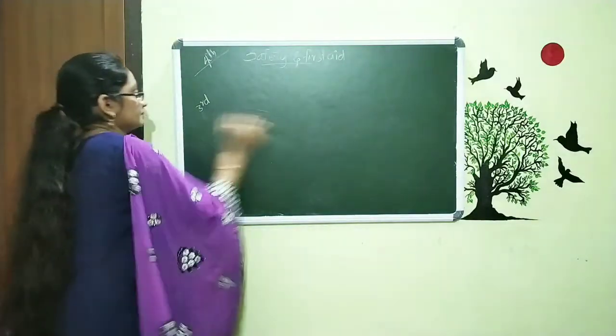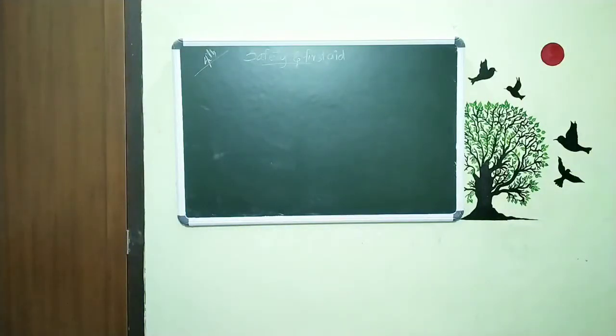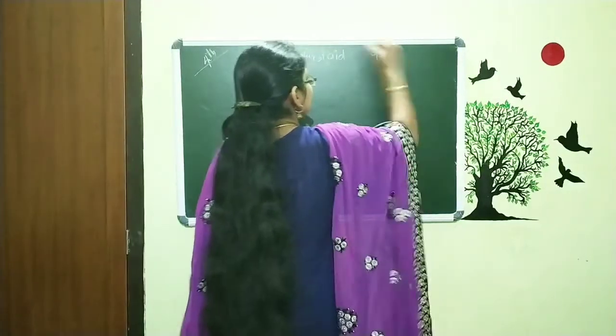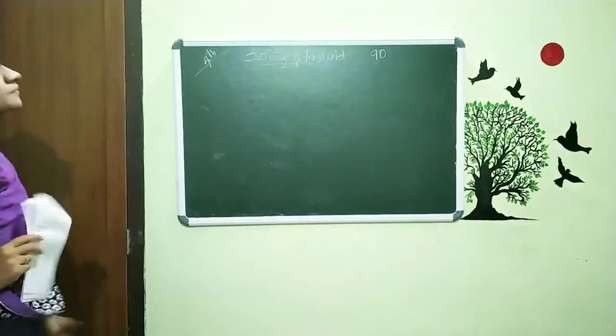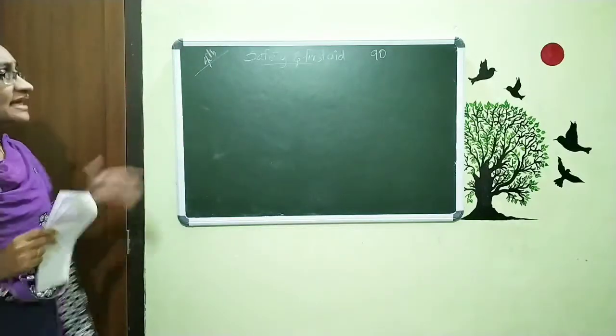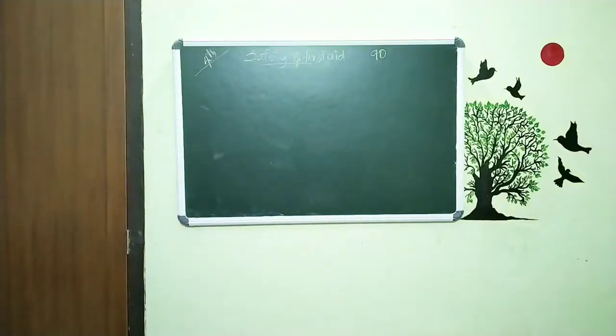It is on page number 90 in your textbook. Just take your textbook. We will discuss the third chapter later. I am not skipping that. We will do it later. Then, we can start our chapter by doing one activity.